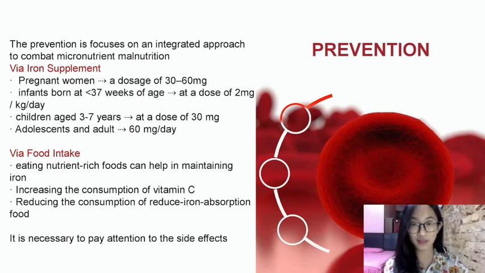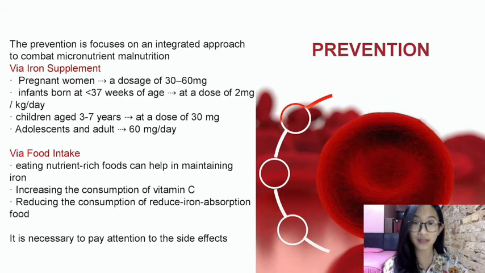In addition to providing iron supplements, the prevention of iron deficiency can also be done by eating foods that contain iron. The first one is eating nutrition-rich foods. It can help in maintaining iron levels in the body in children, adolescents, and adults. The second one is increasing the consumption of vitamin C by 25 milligrams, 50 milligrams, 100 milligrams, and 250 milligrams.